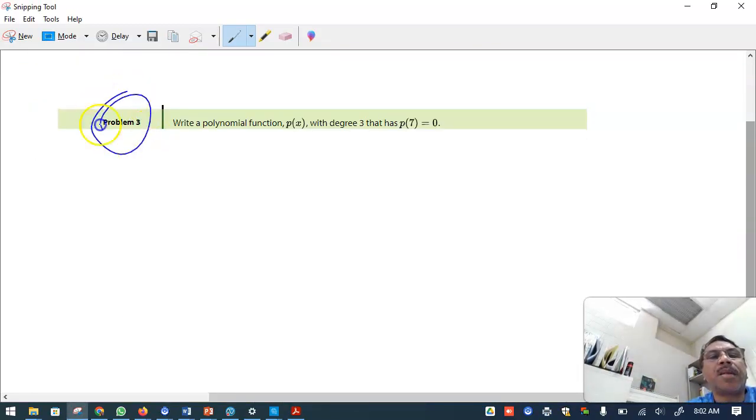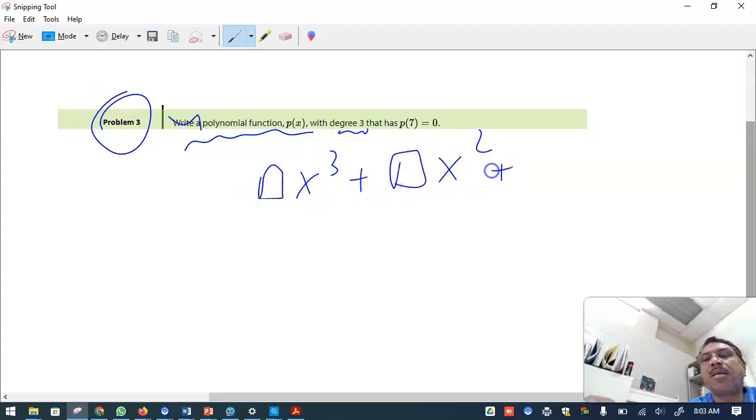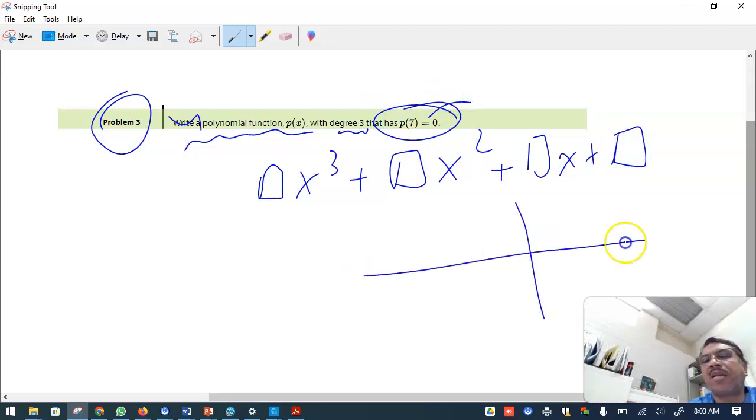Well, problem number 3, write a polynomial with degree 3. That means I need to write x cubed in the standard form. This is what it will look like. But then they gave us that p of 7 equals 0. What does this mean? At 7, this is 7 comma 0.